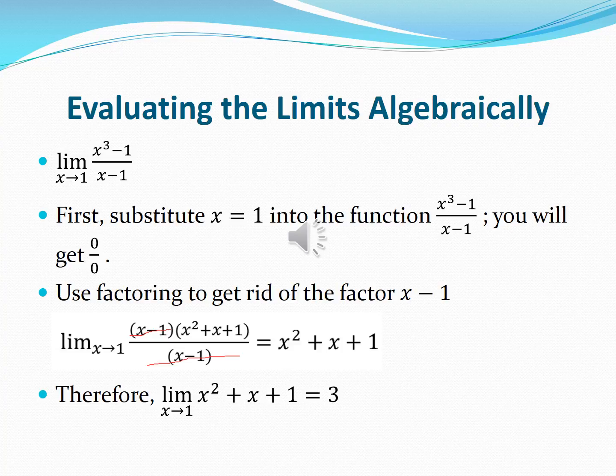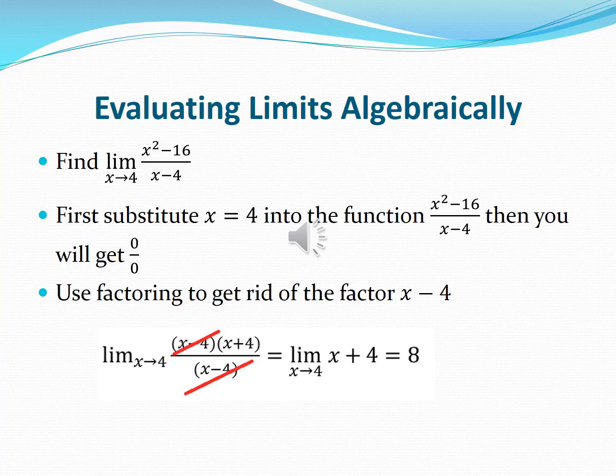For instance, if they ask you to find the limit of (x cubed minus 1) over (x minus 1), we factor x cubed minus 1 into (x minus 1) times (x squared plus x plus 1) over (x minus 1). And then we get x squared plus x plus 1. And then using the substitution method, we get 3.